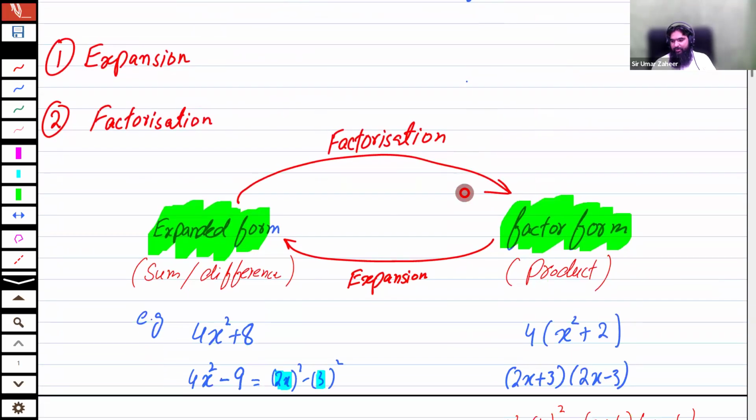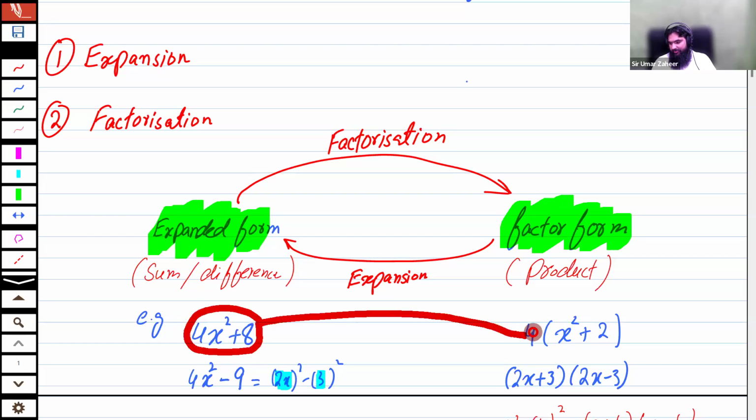After that, we talked about two main things, expansion and factorization. The expanded form is when you write things as a sum or difference, like 4x plus 8. You have two terms and they are adding. In the same way, we have two terms here and they are subtracting. If you take 4 as a common factor, you will get 4 times x square plus 2.